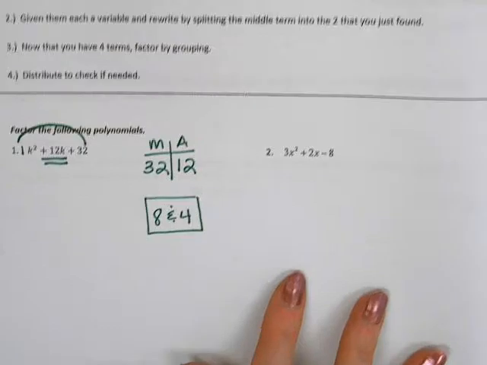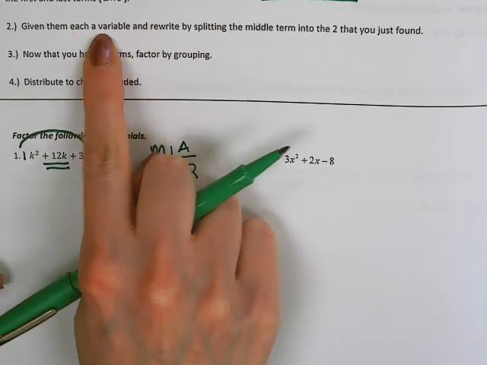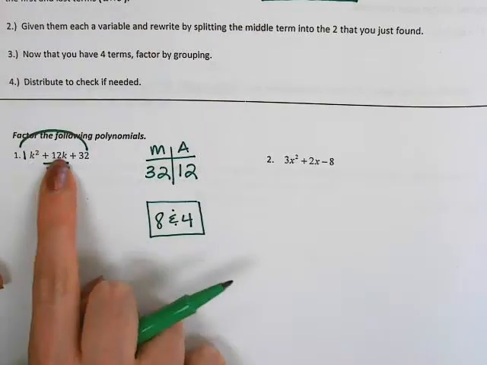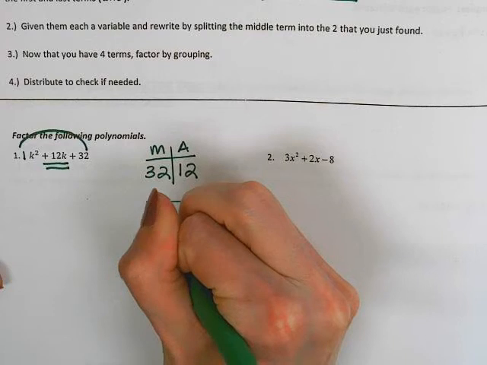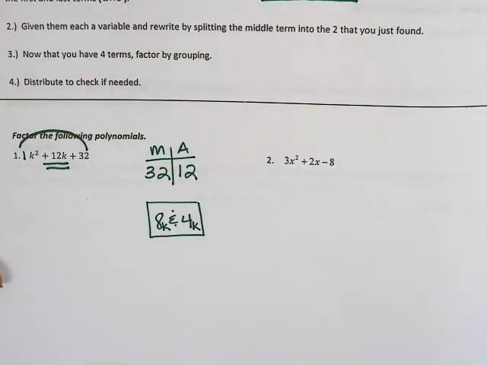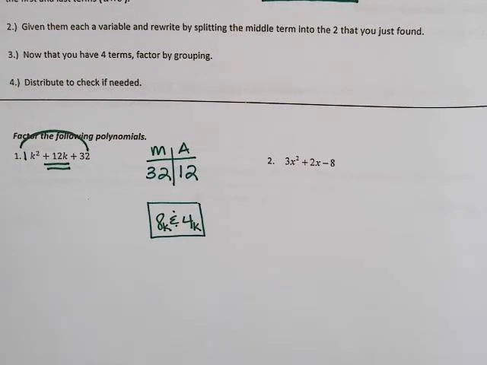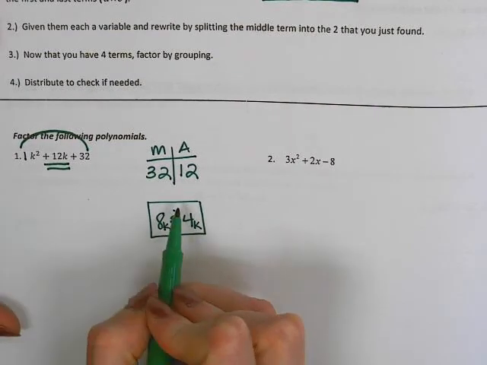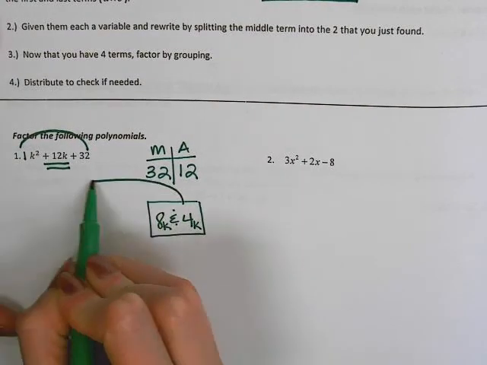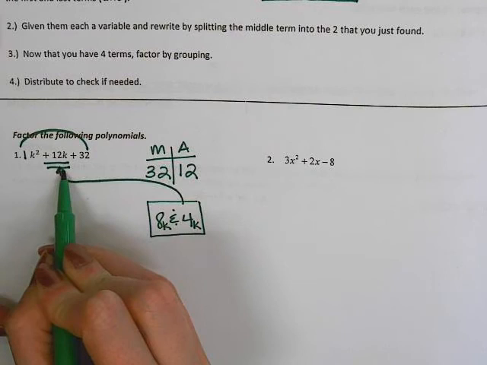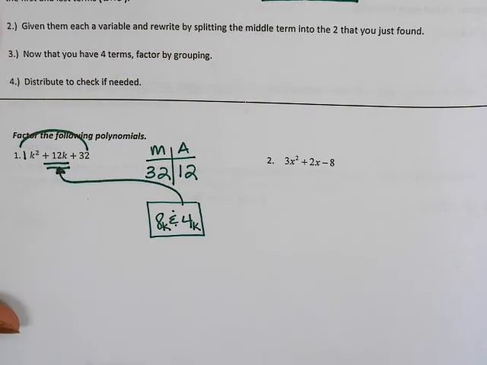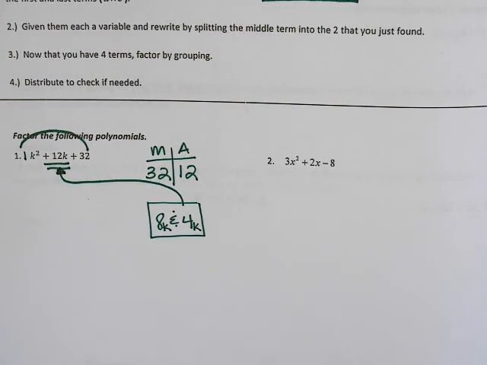Now, once you have your numbers, give them each a variable. So if these are all k's, it's going to be 8k and 4k. Just give them each a variable. And then you're going to plug them in here to replace the middle term. So watch this now.